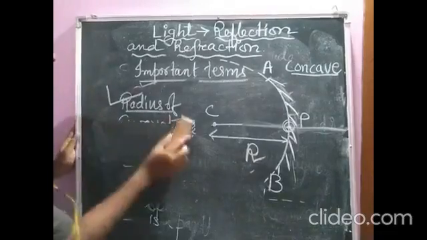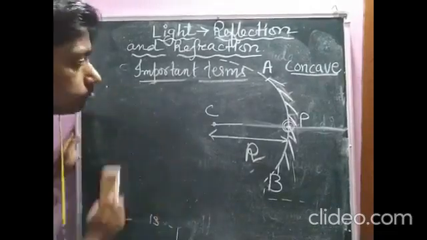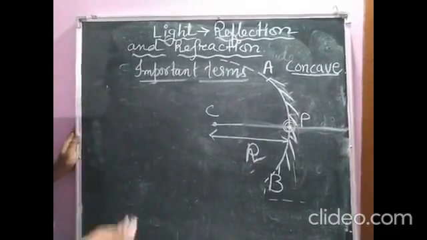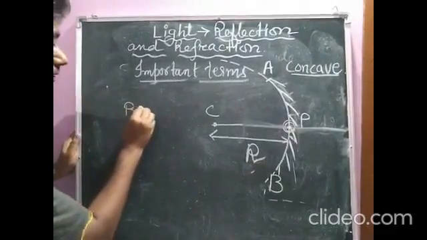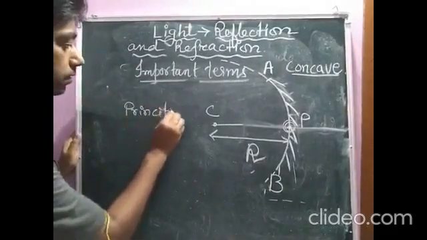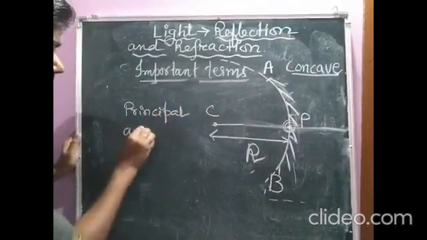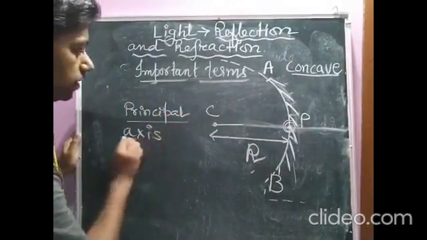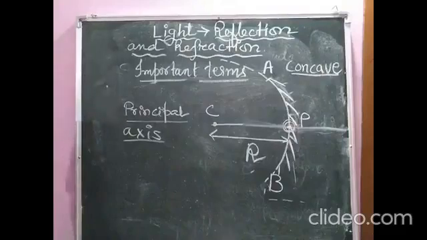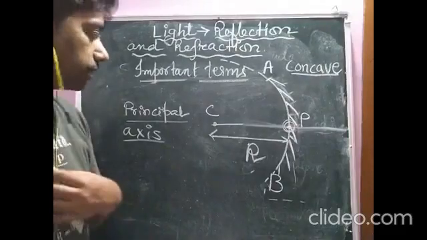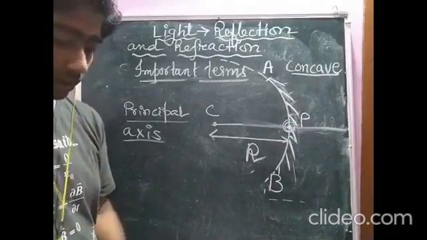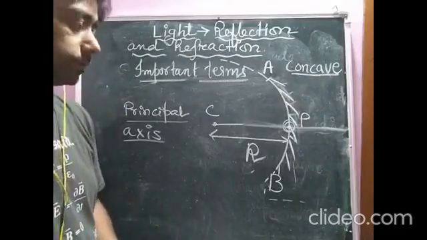Let's move fast to the next definition or next term. Principal axis. Now what is principal axis? Okay, now let us learn what is principal axis. So principal axis you can define like this.